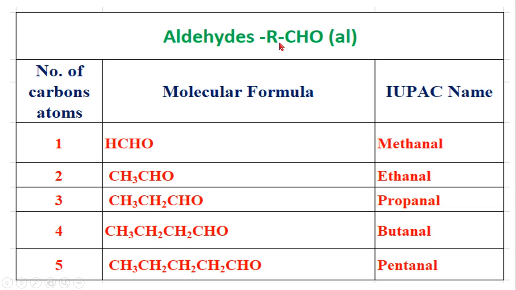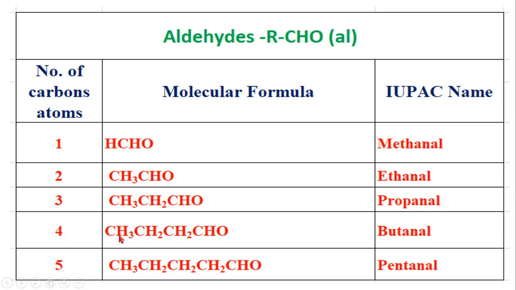In the place of R we put CH3: CH3CHO contains two carbon atoms, that is ethane, ethanal. In the place of R we put CH3CH2, and CHO is the functional group. So CH3CH2CHO, 3 carbon means propane, aldehyde, the suffix used is Al, propanal.